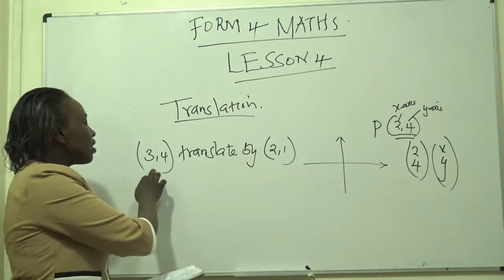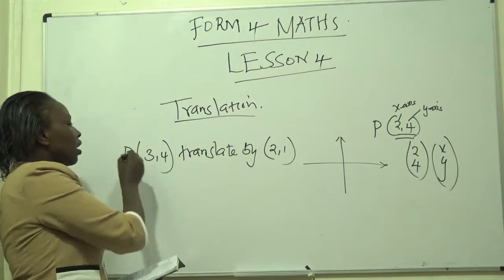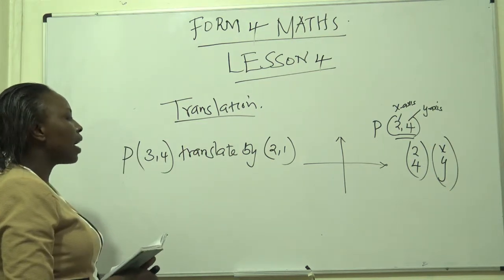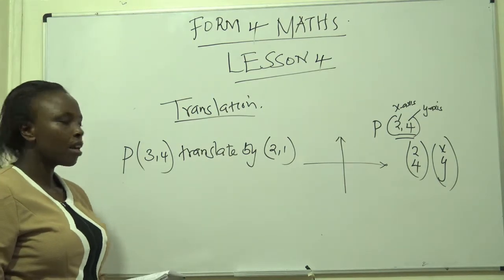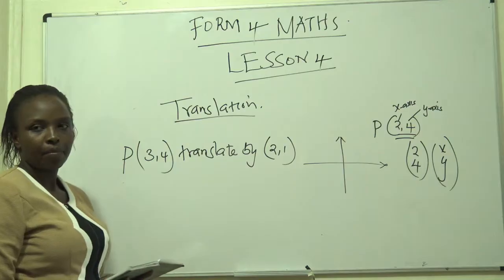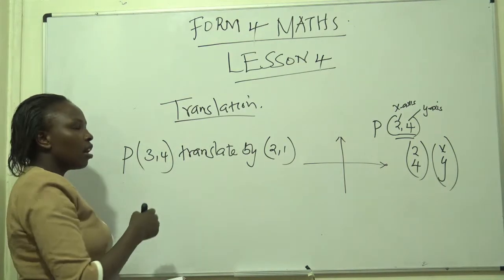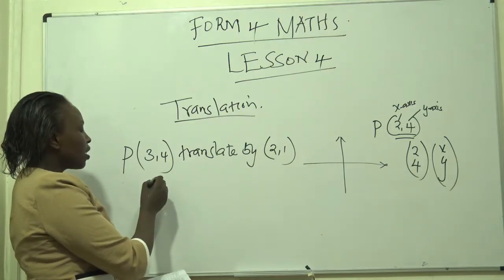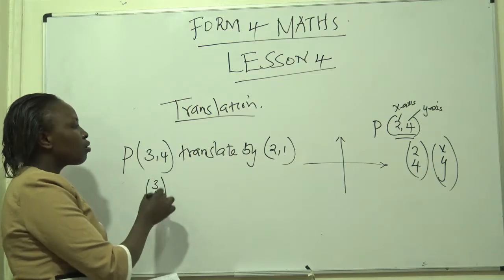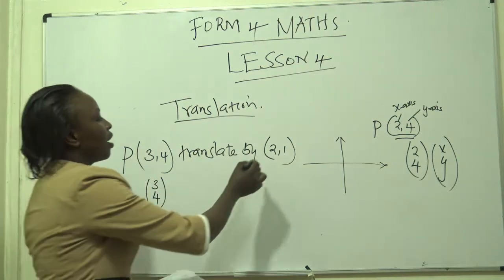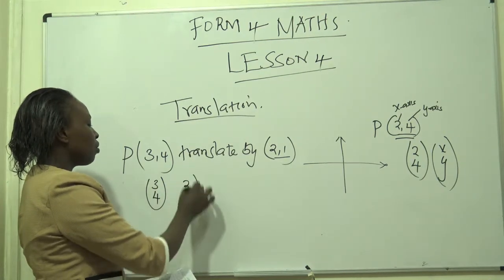We want to translate this point P. Let's call this point P. We want to translate it by the (2, 1) translation. Now, how do we get P prime? We can write this one in column vector. This is point (3, 4). We want to translate it with this (2, 1).